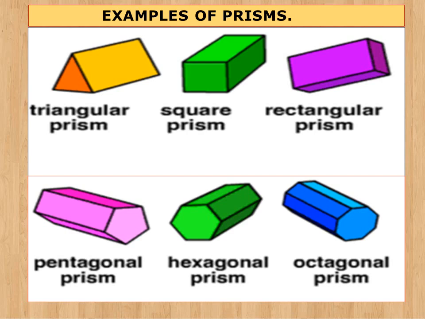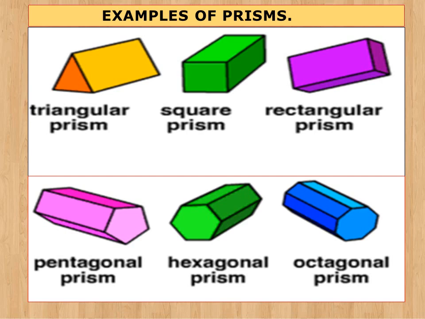The cross-section is a square, and therefore we talk about a square prism, meaning the cross-section forms a square shape. Number 3, we have a rectangular prism, meaning the cross-section is a rectangle.